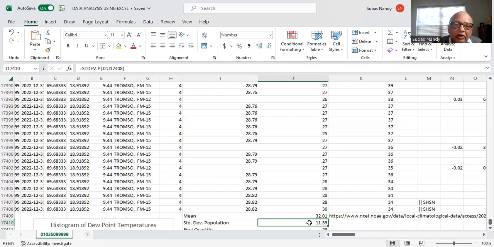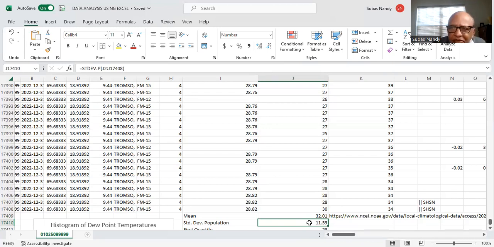There is a difference in the formula for the standard deviation of the population and of the sample. This is a population data set for the entire year, so I'm going to use equal to STDEV.P.